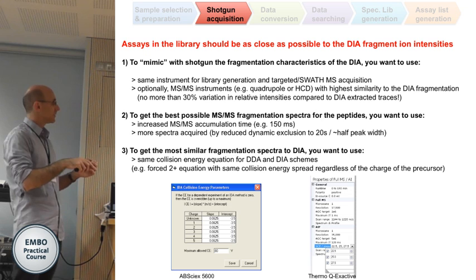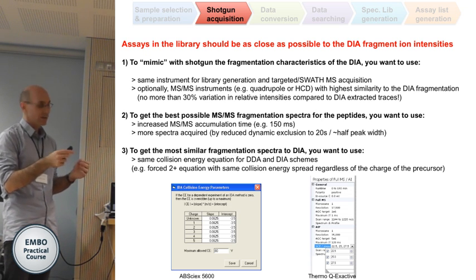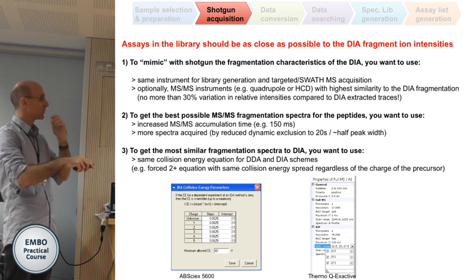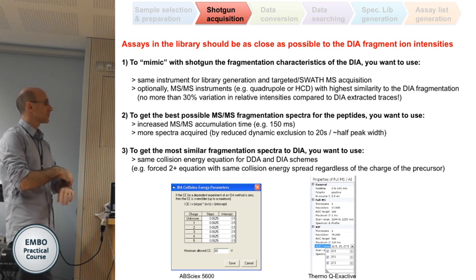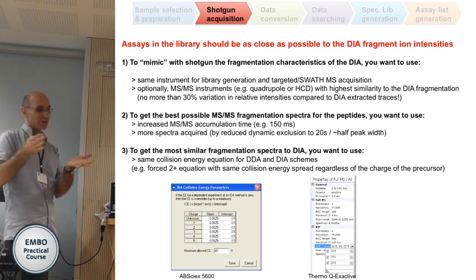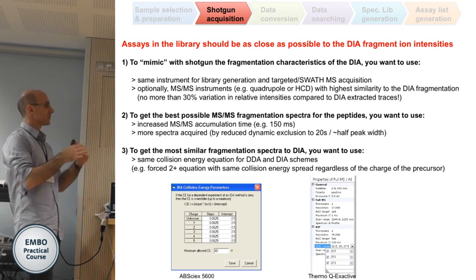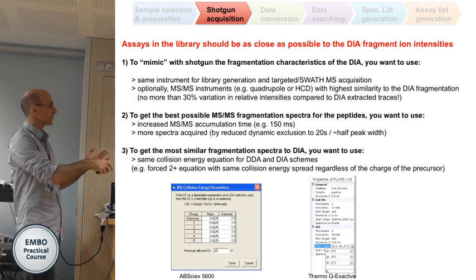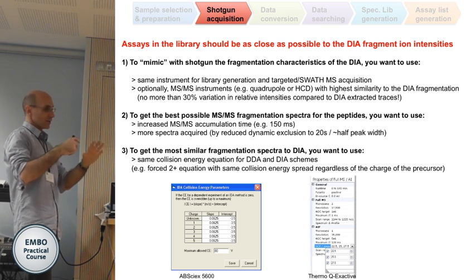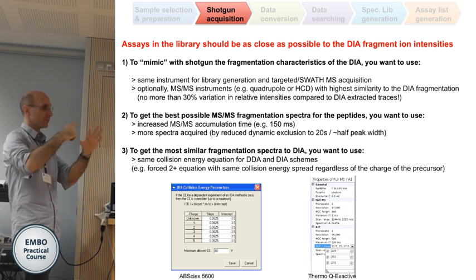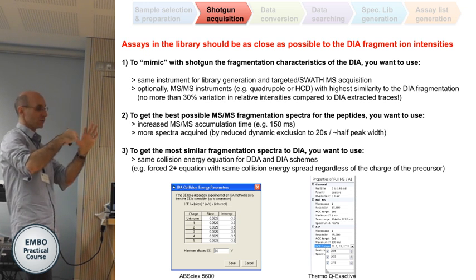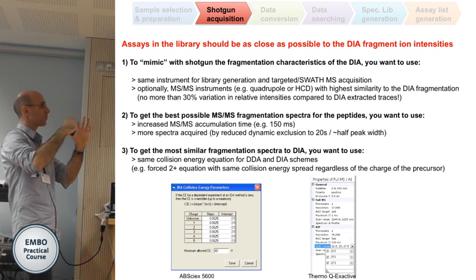And basically, in general, if you open your instrument software, so this is from the TripleTOF, this is from the Q Exactive, sometimes some instruments allow you different equations for different charge states. But because in SWATH, or because on the TripleTOF or the Q Exactive, you co-select and co-fragment many precursors simultaneously, you cannot change the collision energy of your window based on the precursor that is going to be inside.